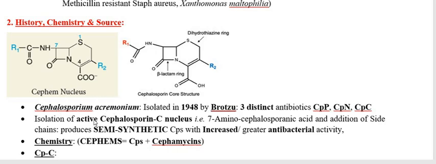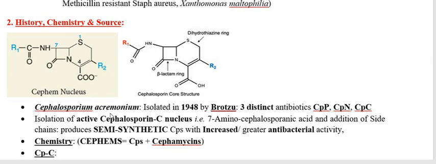The cephalosporin was isolated from Cephalosporium acremonium in the year 1948 by the scientist Brotzu. The name of this microorganism is easy to recall because the name of the antibiotic group is cephalosporins and the name of the microorganism is Cephalosporium.